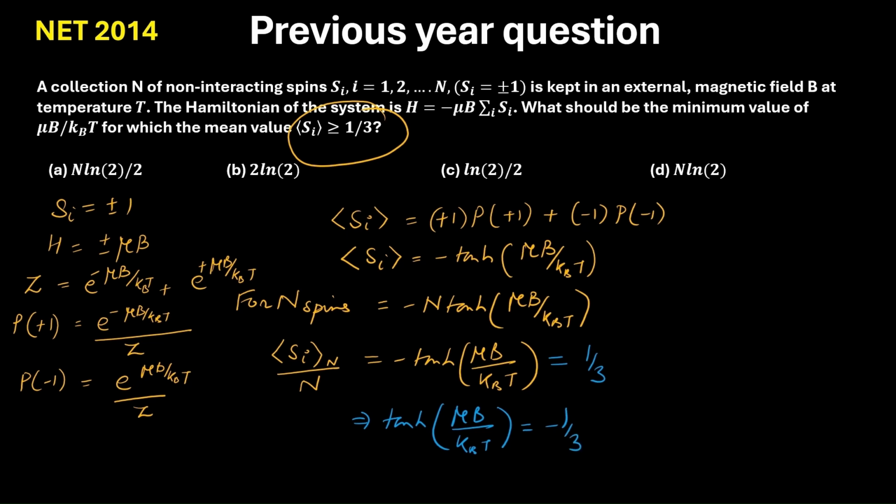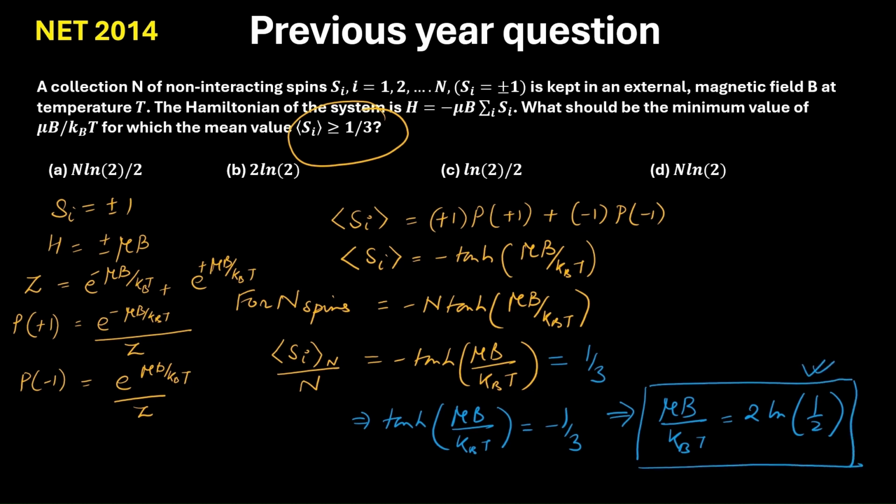Now using basic trigonometry, you can solve this and you will get mu B by k_B T is equal to 2 log of 1 by 2. So this is the answer. So I think it is matching with option B.